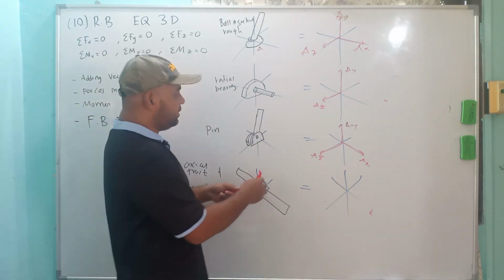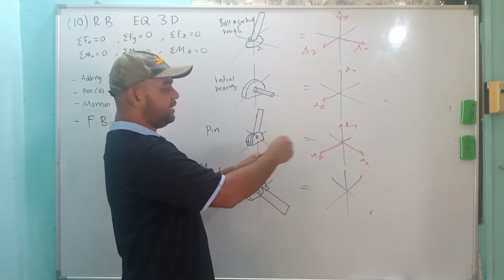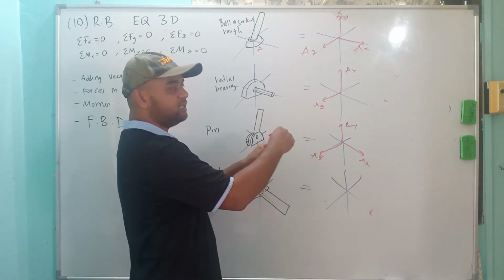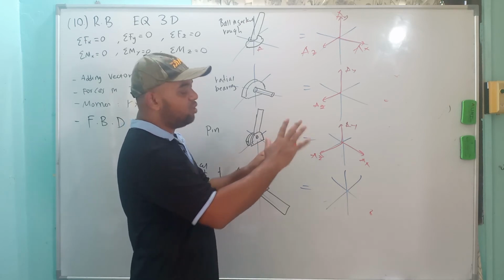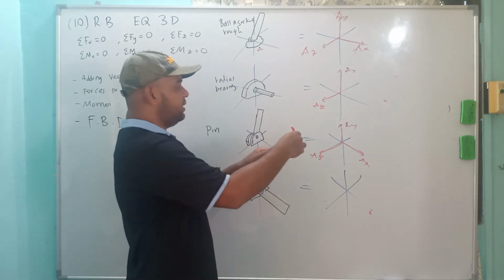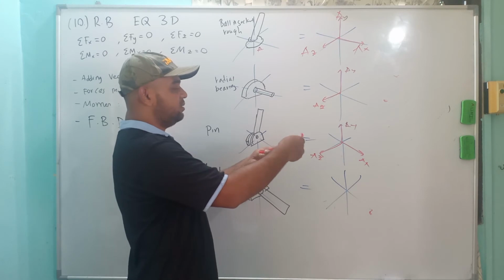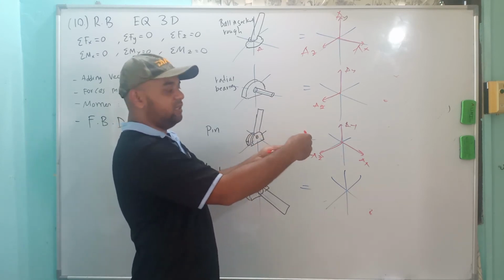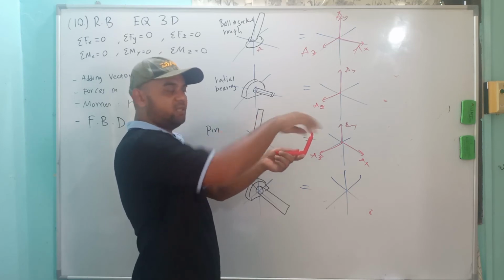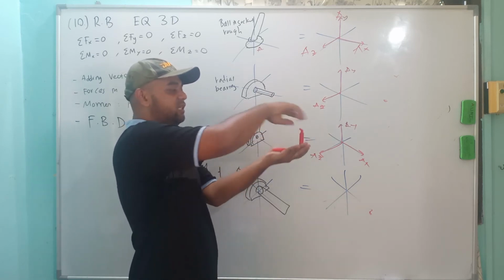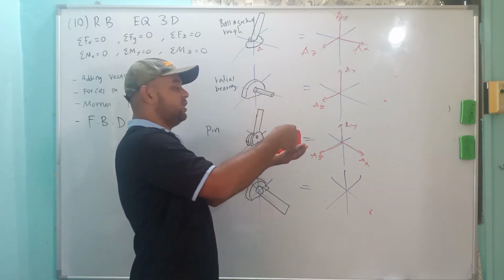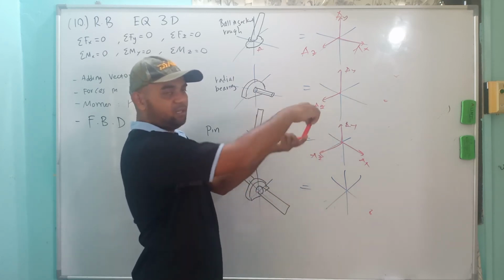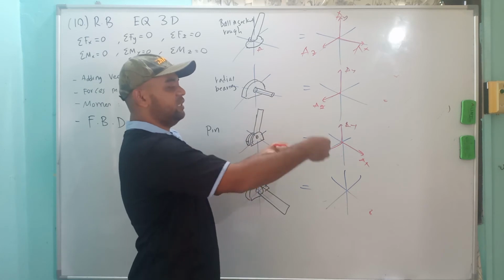And then if you want to rotate, this is x, so along the x-axis it can rotate. So there is no moment in x. But it cannot rotate along z. Along y also it cannot rotate because this part is held still.